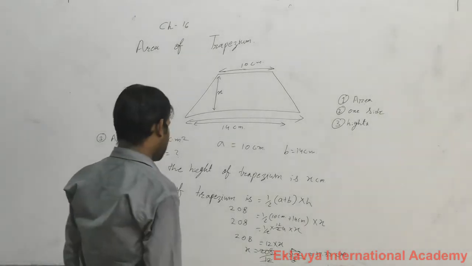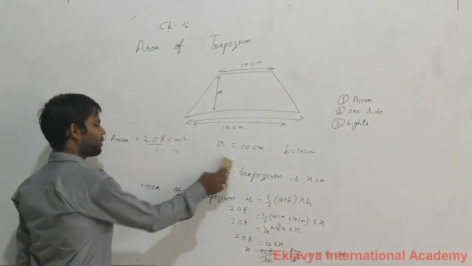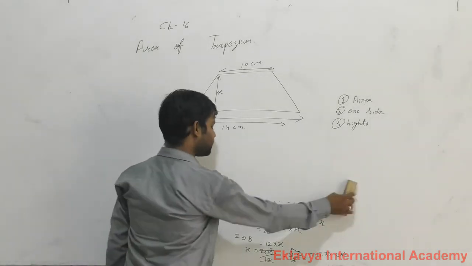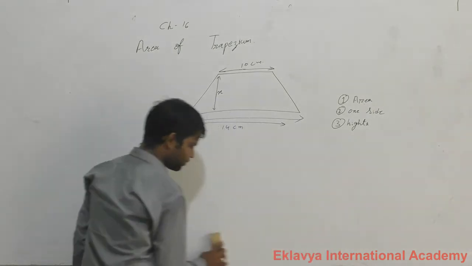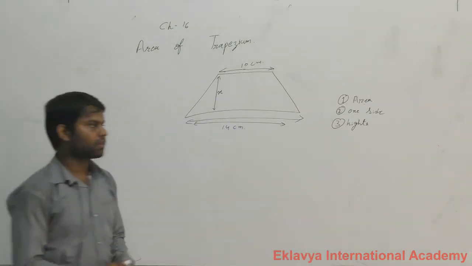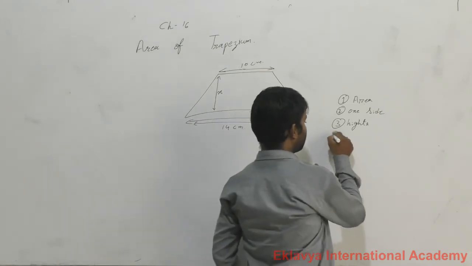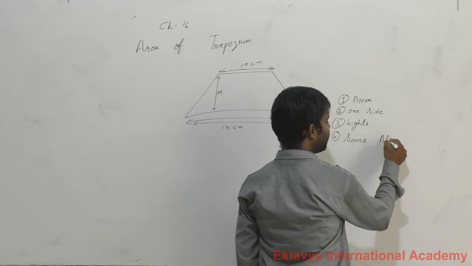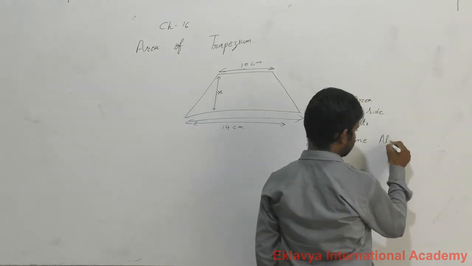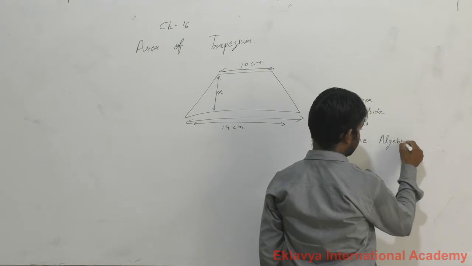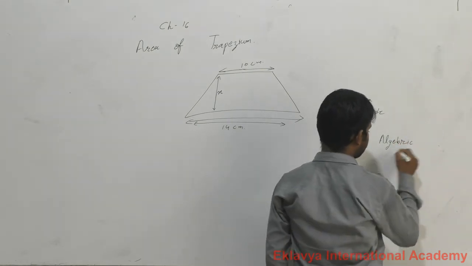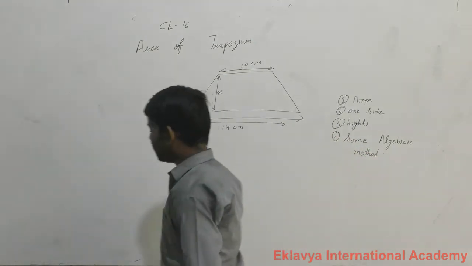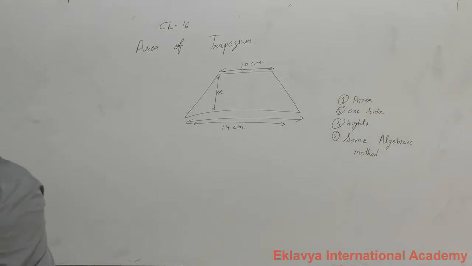Now, fourth type, some algebraic method. See here, some algebraic method, how we will do.